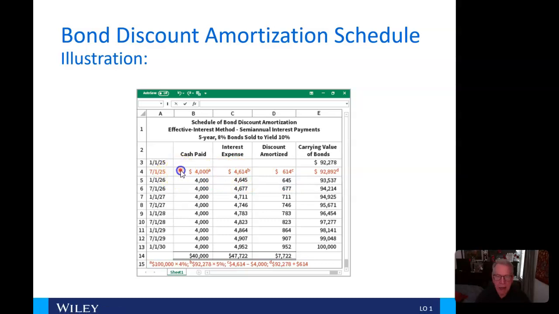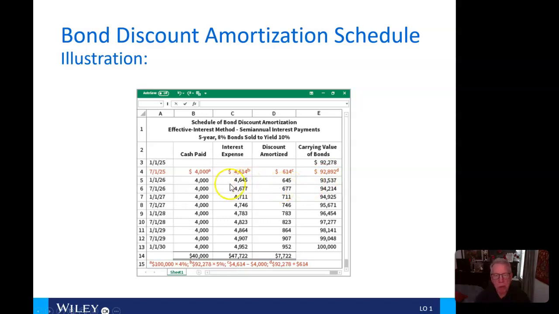The cash we paid is going to be $100,000 times 4%, which is $4,000. So that difference is $614, and that's what we're going to amortize as discount. And we add that $614 to the carrying value of the bond.